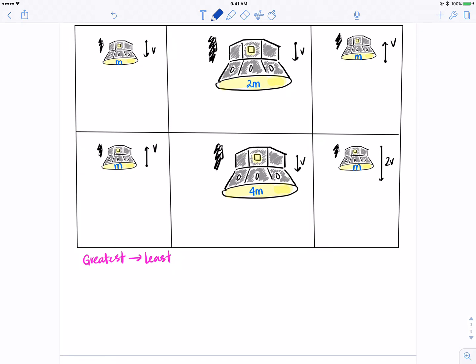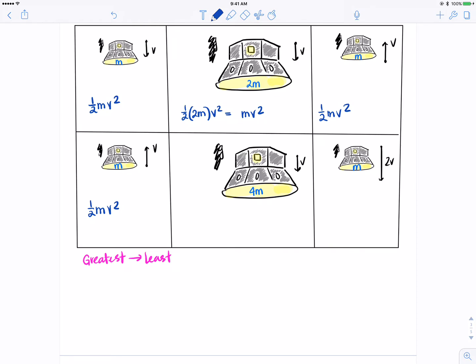So for A, I have 1/2 mv squared. For B, I have 1/2 2m v squared, or mv squared. In C, I have 1/2 mv squared. In D, I have 1/2 mv squared.